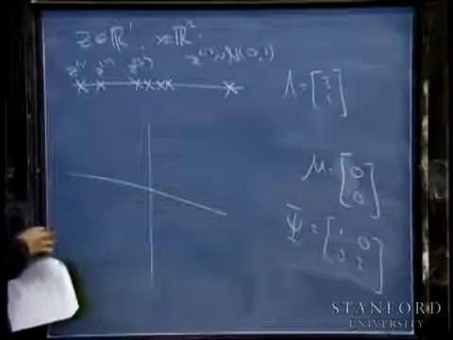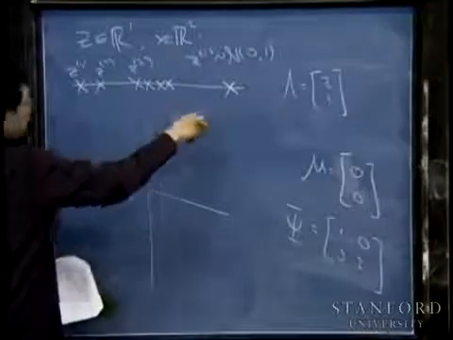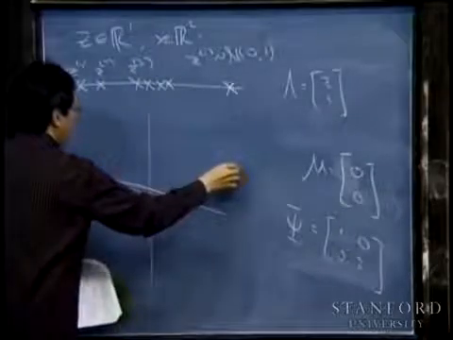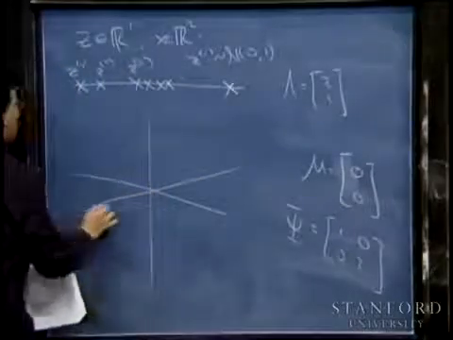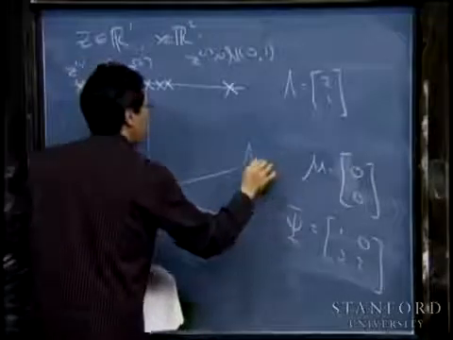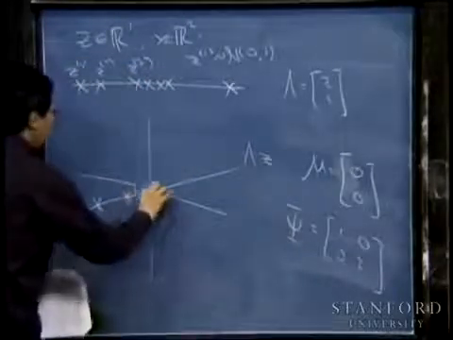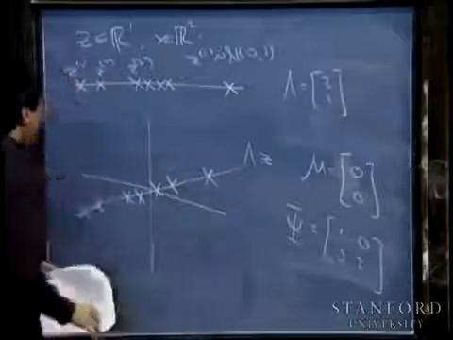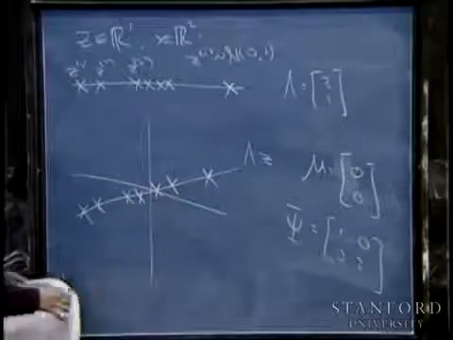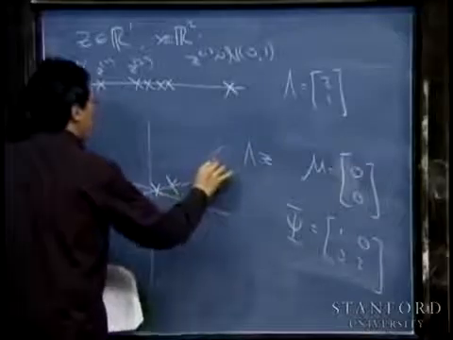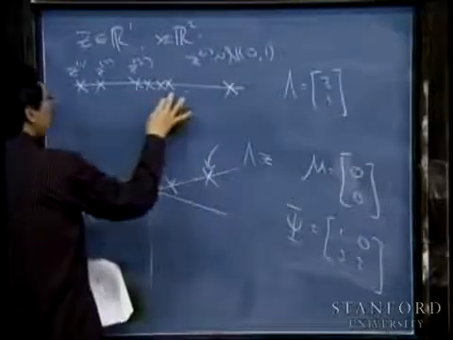Lambda times z: we'll take each of these numbers and multiply them by lambda, and you find that all the values for lambda times z will lie on a straight line. For example, this point here would be 1, 2, 3, 4, 5, 6, 7, I guess.